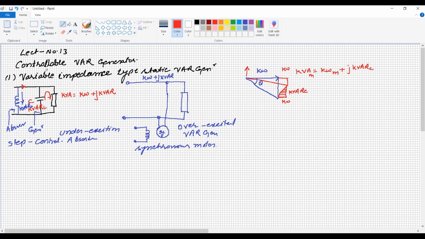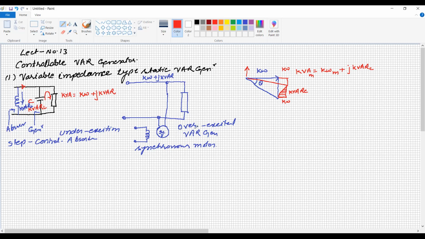So simply, this discussion is only that, no doubt it is a static one, but the control is stepwise. This is an active compensation device in the power system. But as it is a rotating machine, there is wear and tear, some frictional and windage losses, active power consumption, and at the same time we have to take care of the maintenance of the synchronous motor.